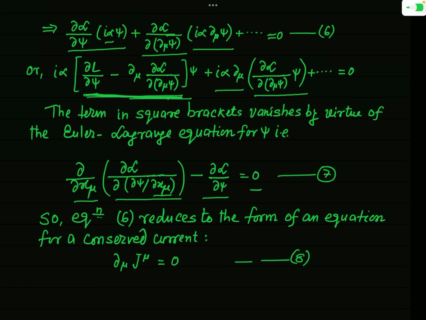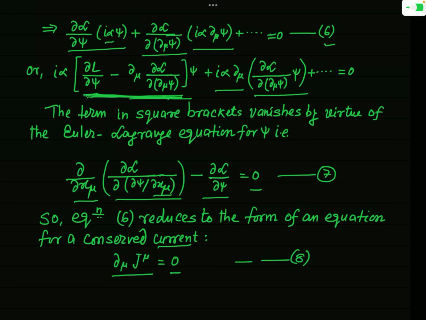So you can take that this term inside the square bracket is 0, and so this equation which I have written here in equation 6 reduces to the form of an equation for which the current remains conserved, and that conserved quantity will be written as del mu j mu is equal to 0. Del mu j mu equal to 0.